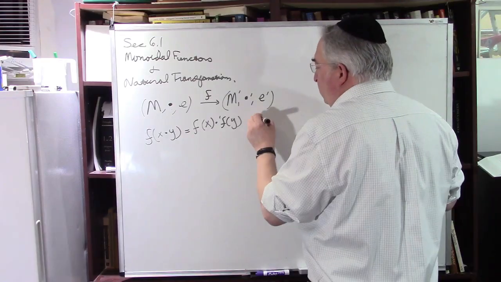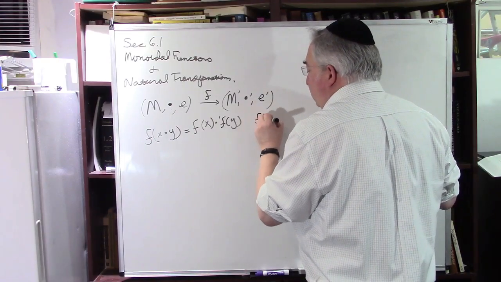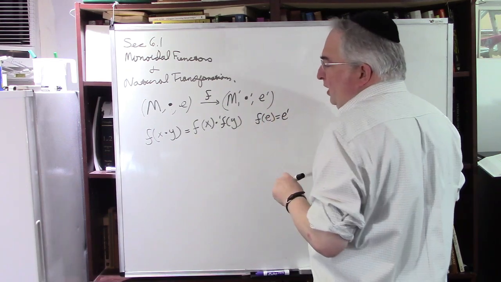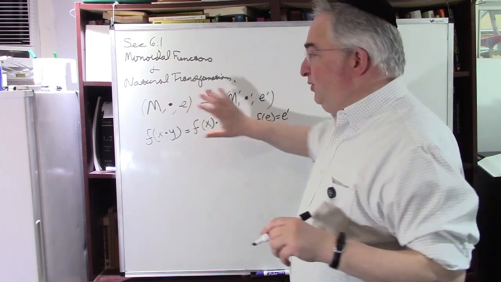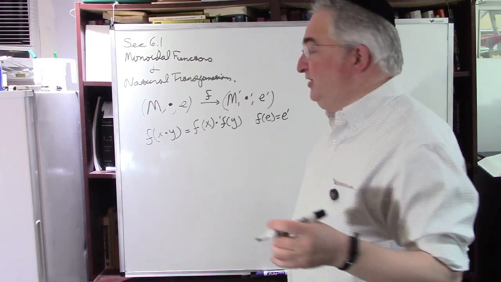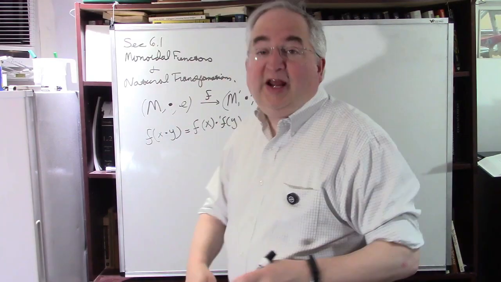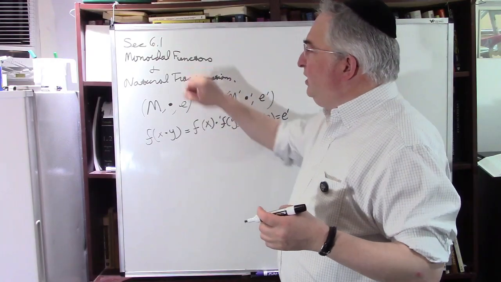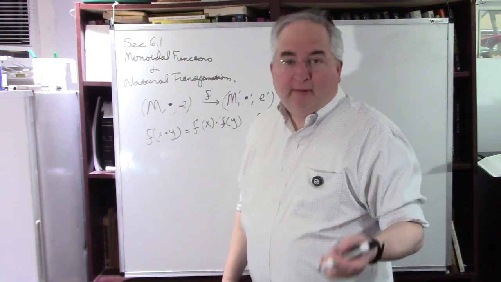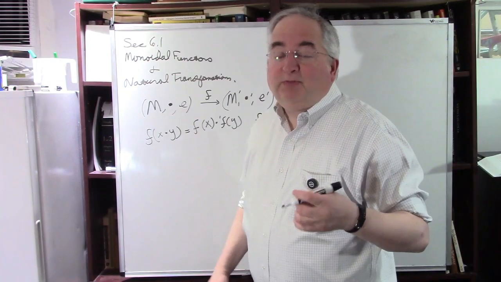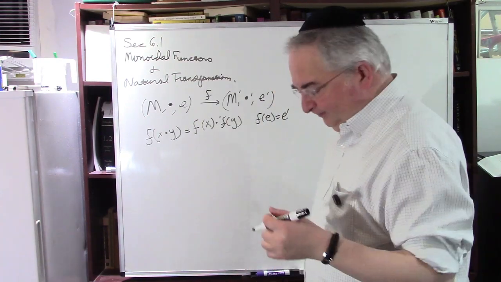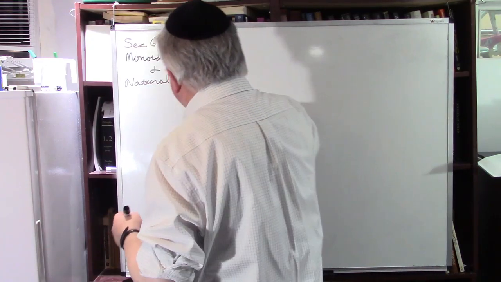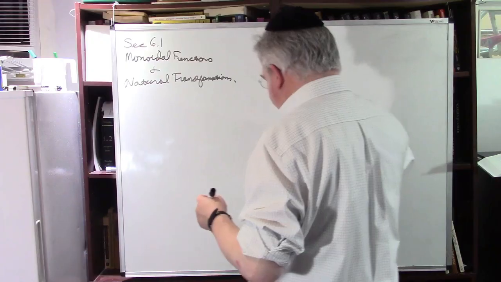Another thing we want is f of e, the unit over here, should equal e prime. This is for sets with extra structure. But we're not interested in sets with extra structure. Now we're interested in categories with extra structure, so we're going to have to look at the analog for this in terms of functors, not functions, between categories. Okay, so let's get started, but keep that in mind.